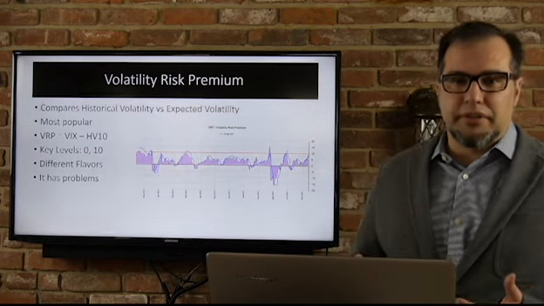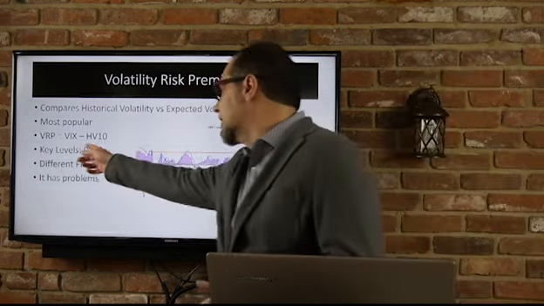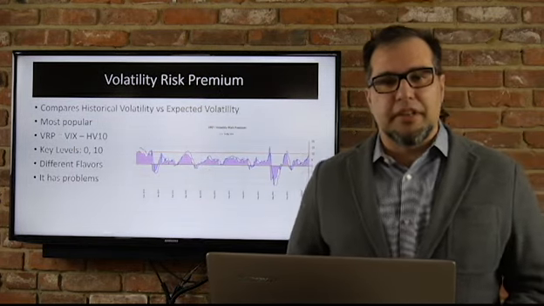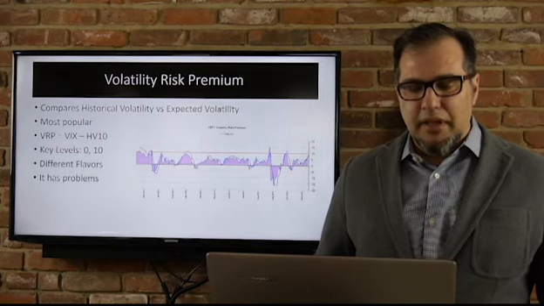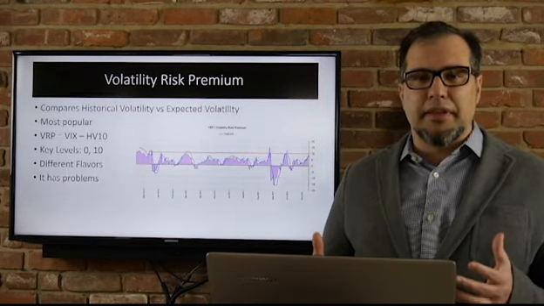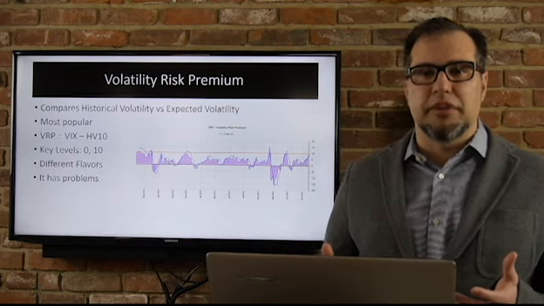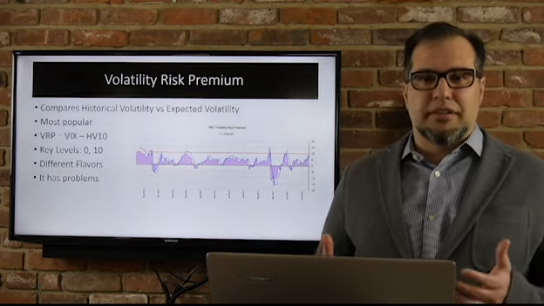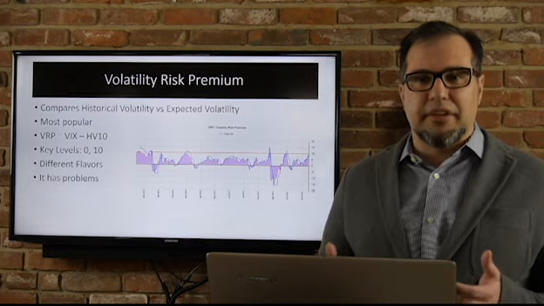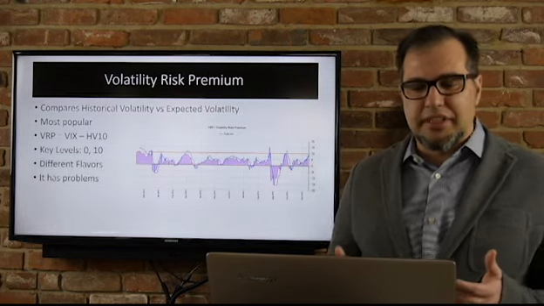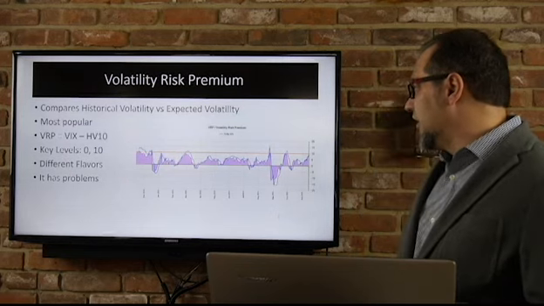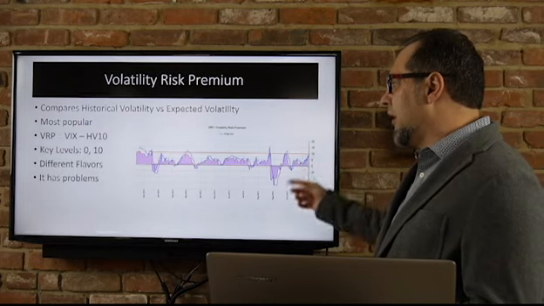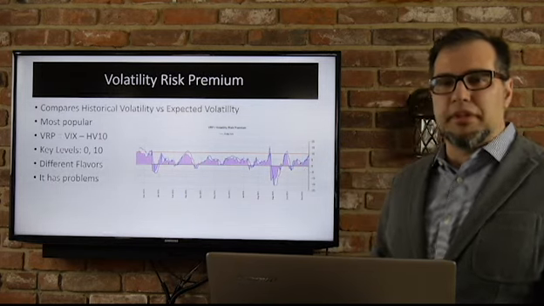And the formula that he uses in the paper is VIX minus HV10, the historical volatility over a 10-day period. It is the most popular indicator in use out there, and a lot of volatility sites use it to trade the VXX and the XIV with various degrees of success. Essentially, the idea is that if the VRP is positive, you should be short volatility. You should be long.